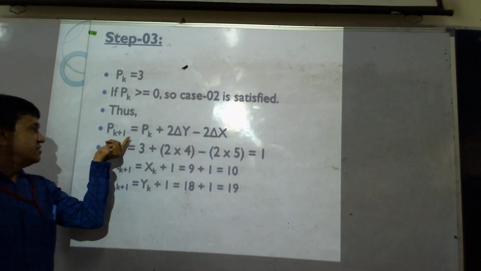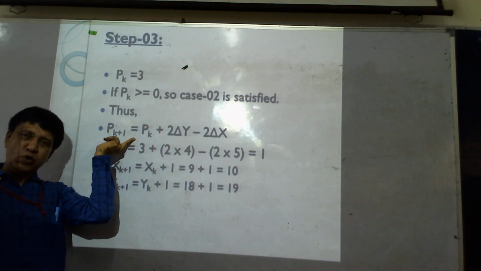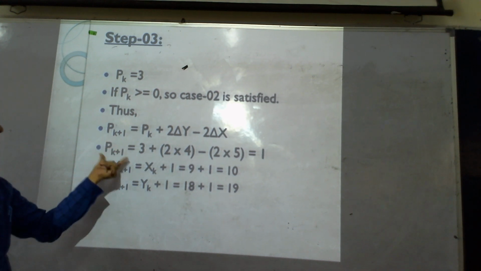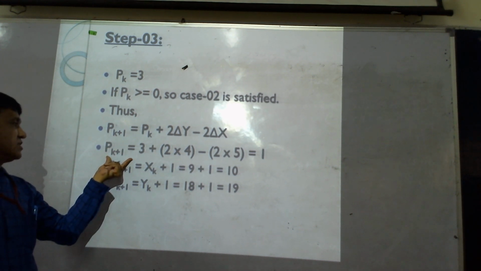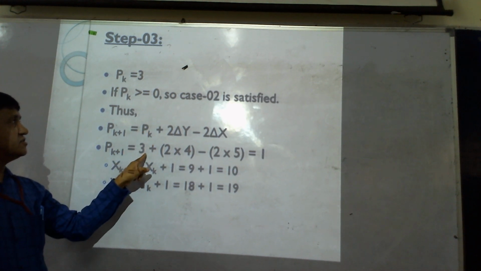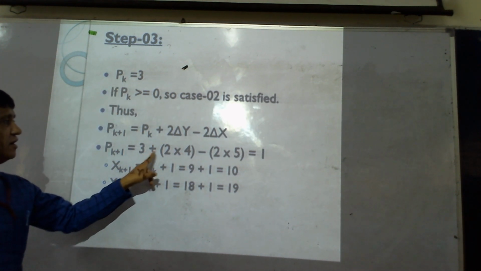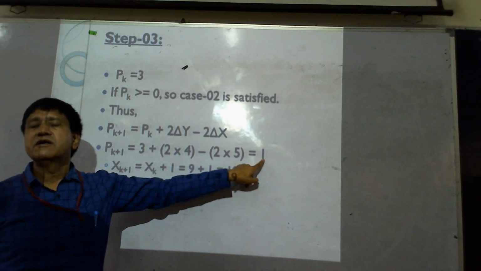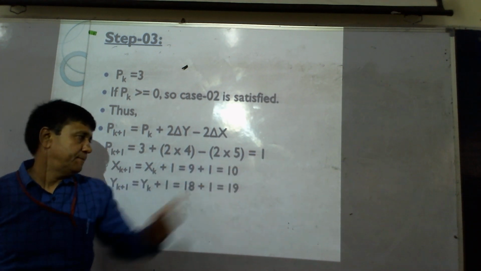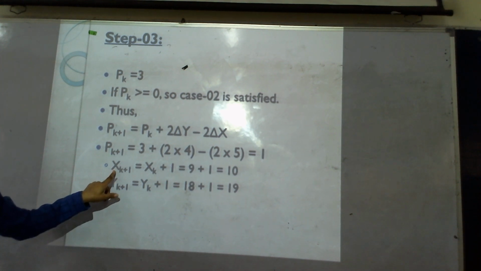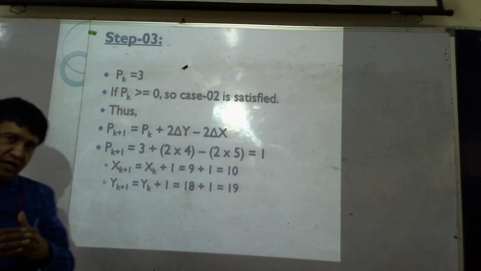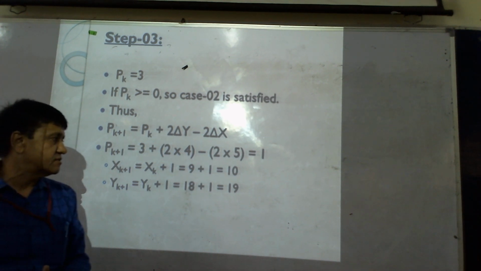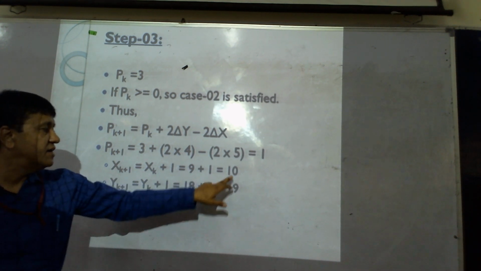Now, this is the distance parameter we are calculating for the next pixel coordinates: pk plus 1 equals pk plus 2 delta y minus 2 delta x. Here pk is 3, which we have already calculated, and 2 delta y is 2 into 4 minus 2 into 5, so we obtain 1. And xk plus 1 and yk plus 1 represent the next pixel coordinates on the x-axis and y-axis, which we get as 10 and 19.